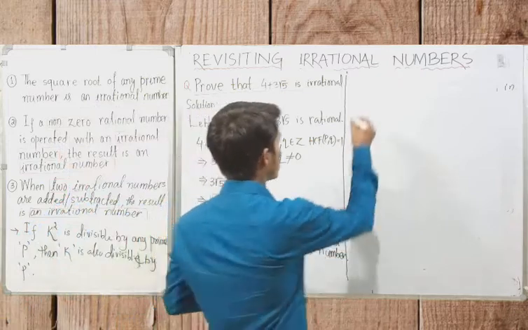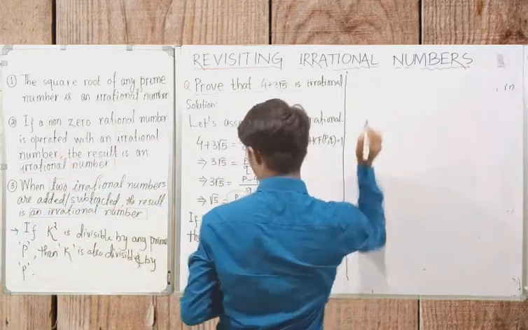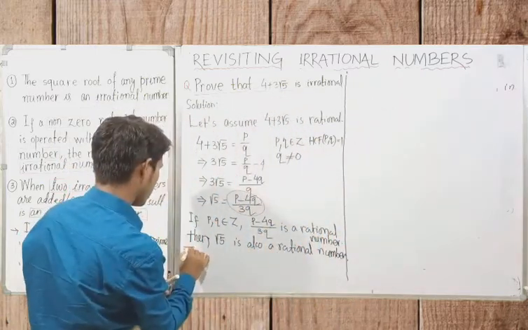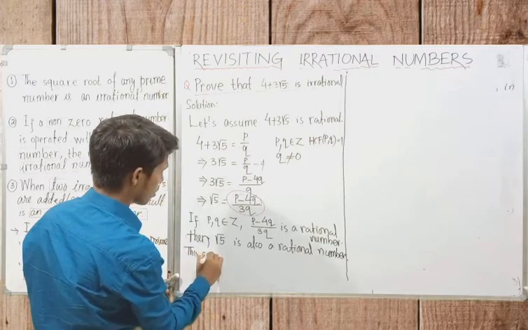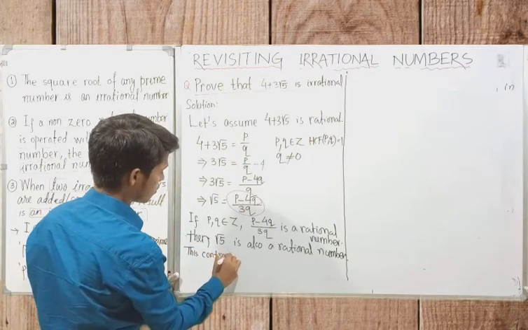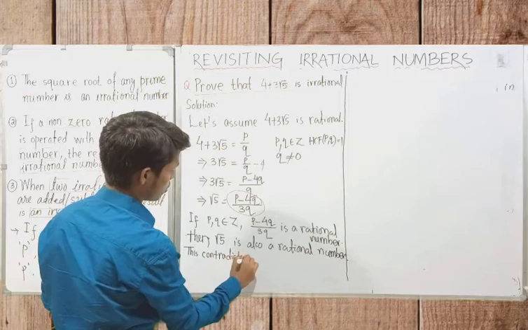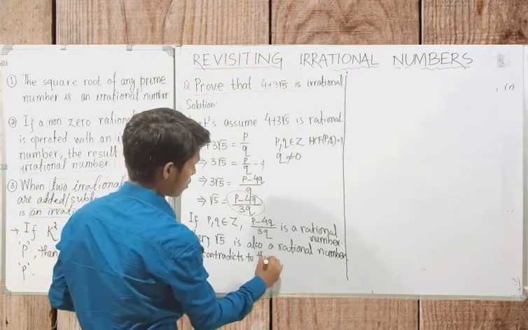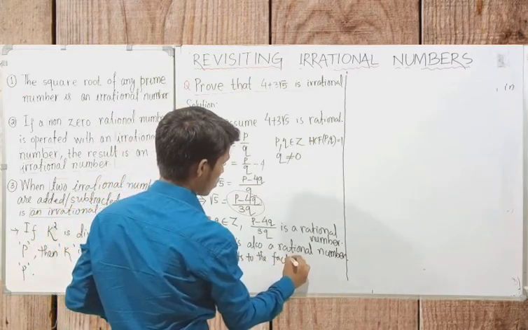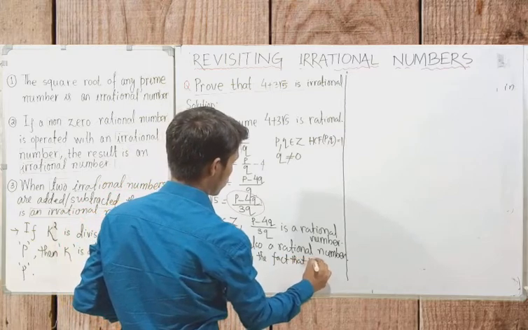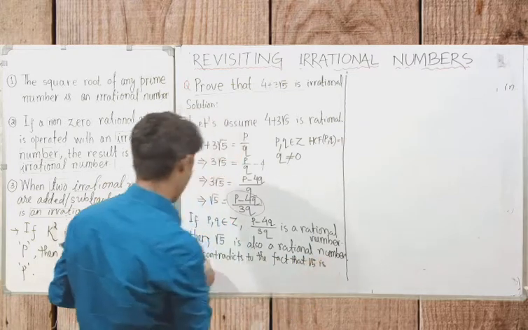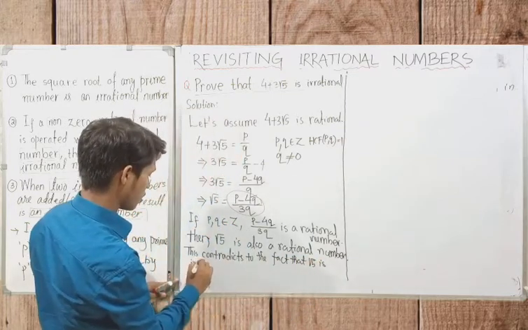So we will write that this contradicts the fact that root 5 is irrational.